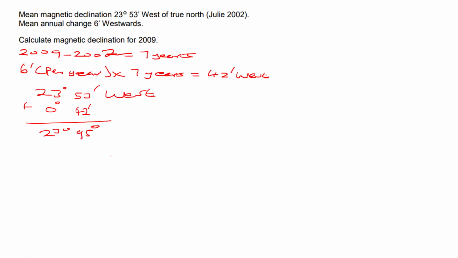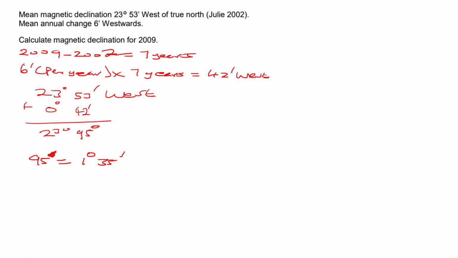Then we said that because minutes cannot be more than 60, we need to convert that 95 minutes into 1 degree and 35 minutes.